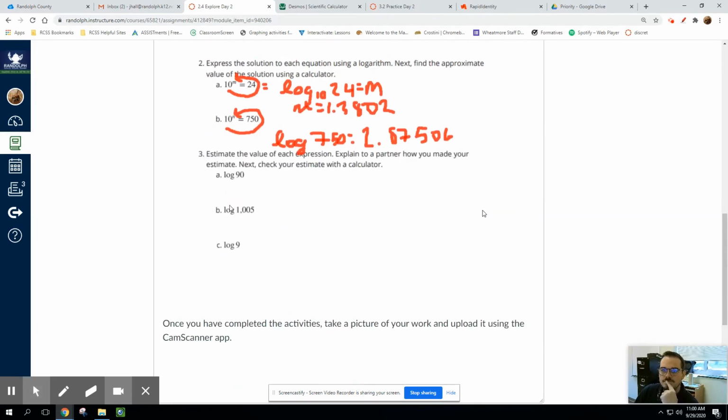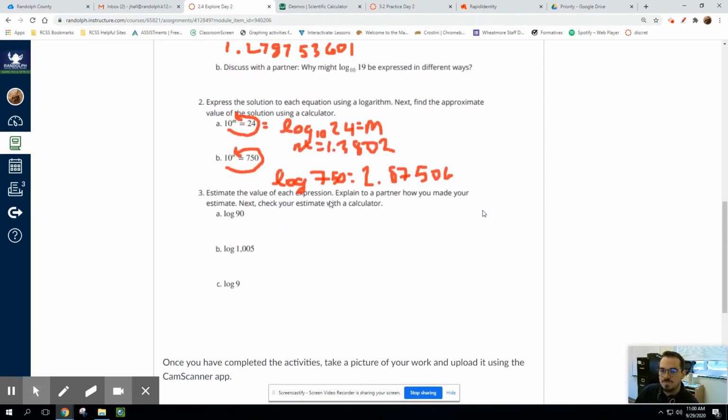All right, last one here is the estimate. Estimate the value of each expression. Explain to a partner how you made that estimate, and now check your estimate with a calculator. So this is log base 10 of 90. And since it's log base 10 of 90, we know 10 to the power of 2 is 100. So it's got to be between 1 and 2, the power. And it's closer to 2 because 90 is closer to 100.